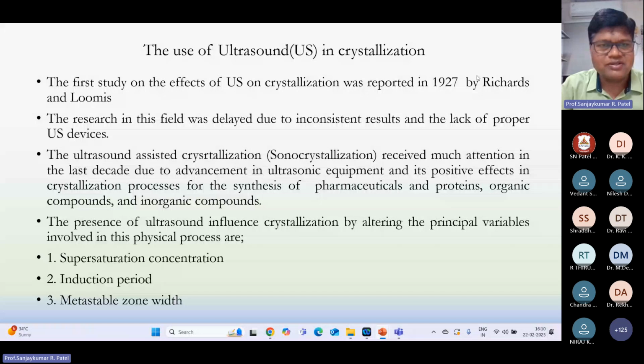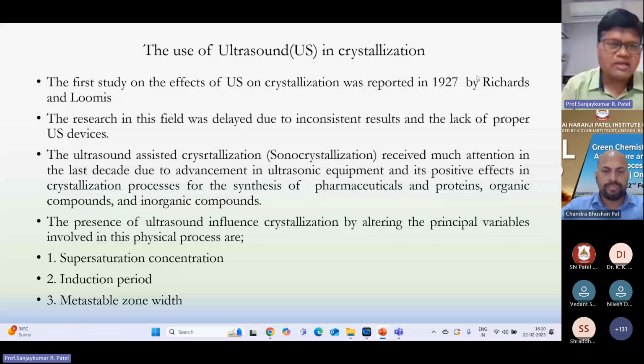In the last decade, we have seen a positive improvement in the utilization of ultrasound in crystallization. It is known as the sonocrystallization process, and mostly this technology is being used in pharmaceutical industries, in the synthesis of proteins, and organic and inorganic compounds also.